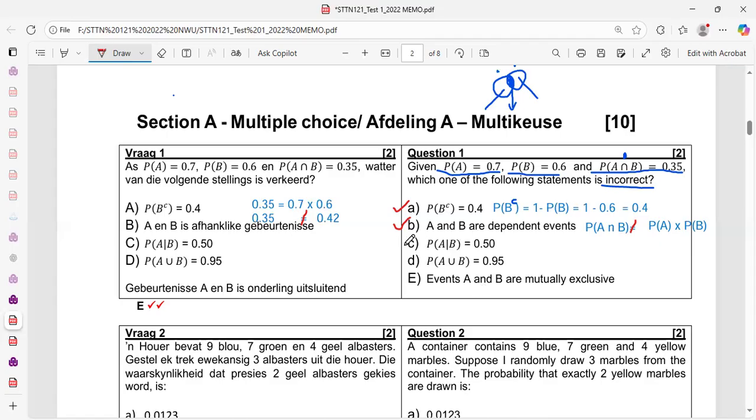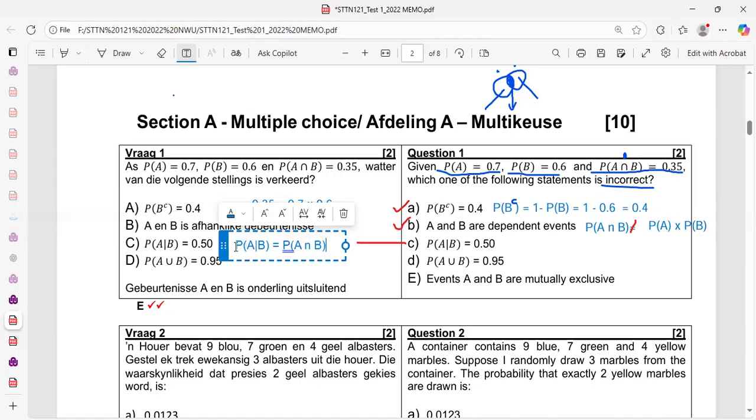So the formula is: the probability of A given B is equal to the probability of A intersection B divided by the probability of B.